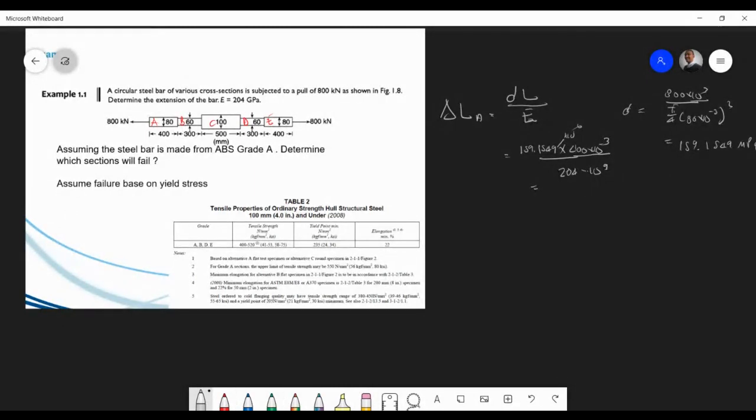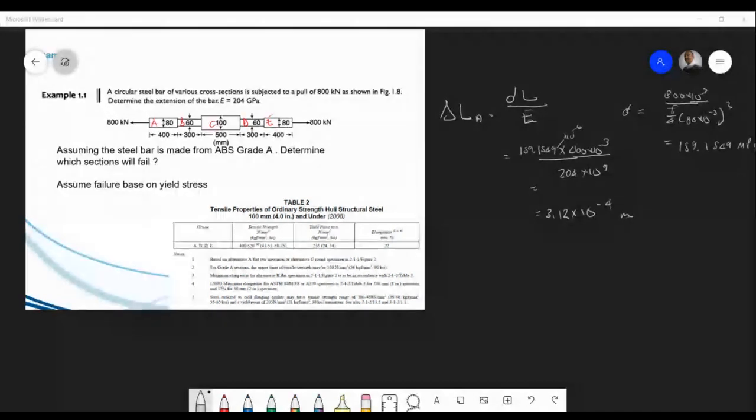And you should get 0.312 meters. Can you guys corroborate my answer? You agree that's for the first section, bar A.